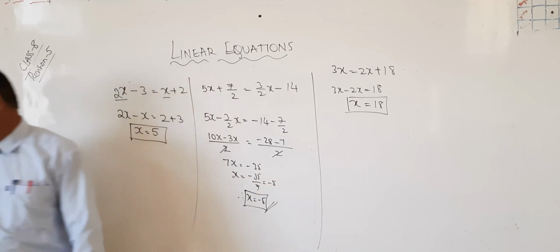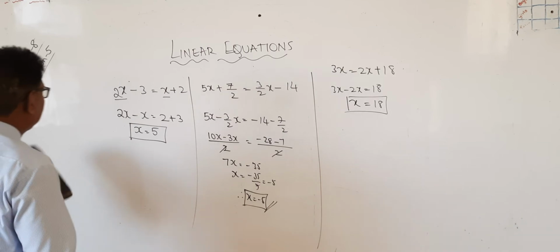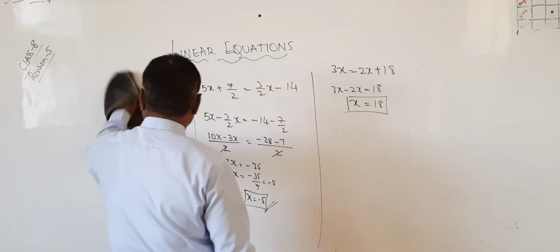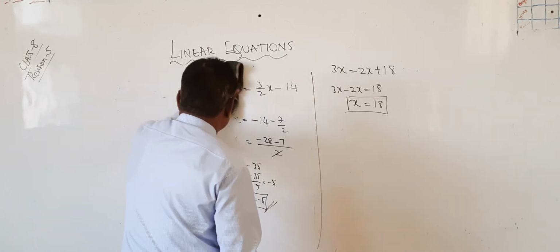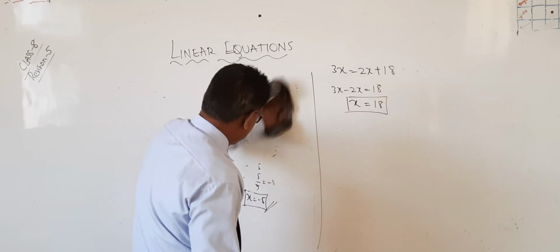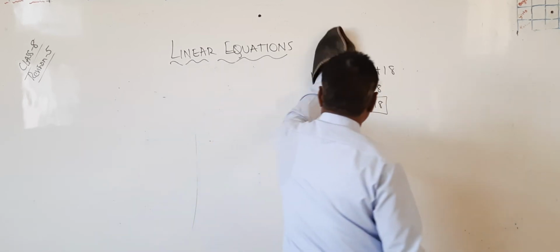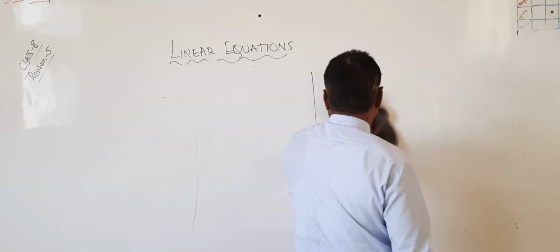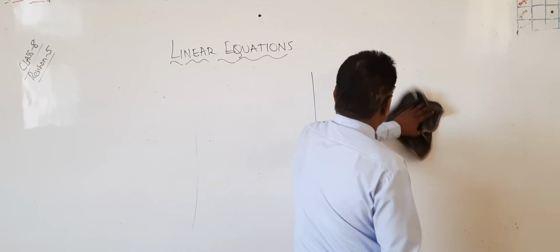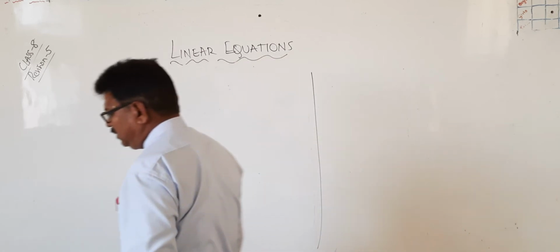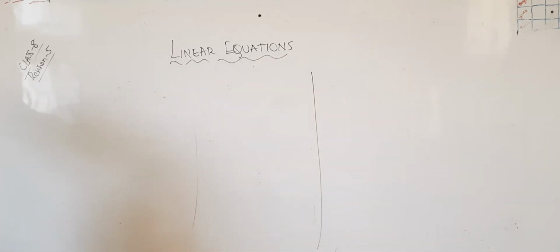Next step. In this type only some more problems are there. We will do them. If you solve more problems, you will understand better. So try to solve more problems, not just one problem.